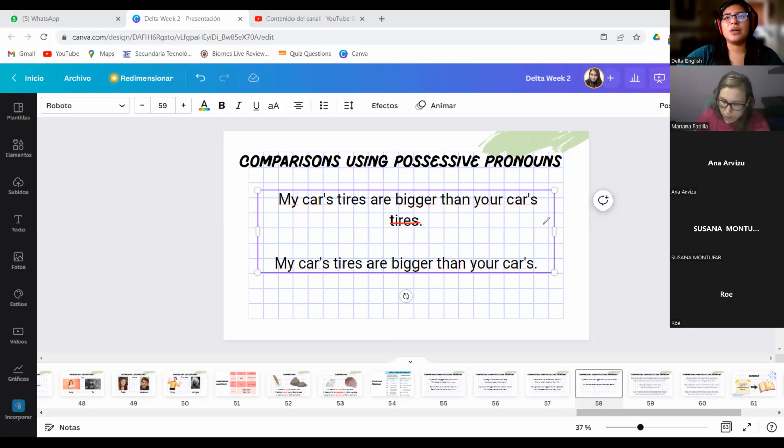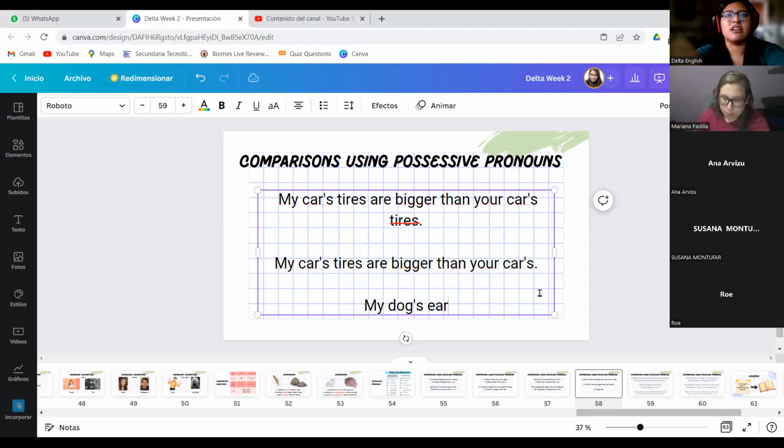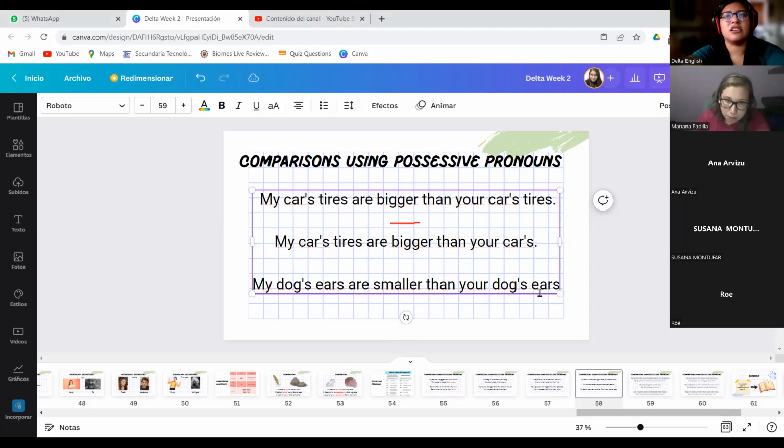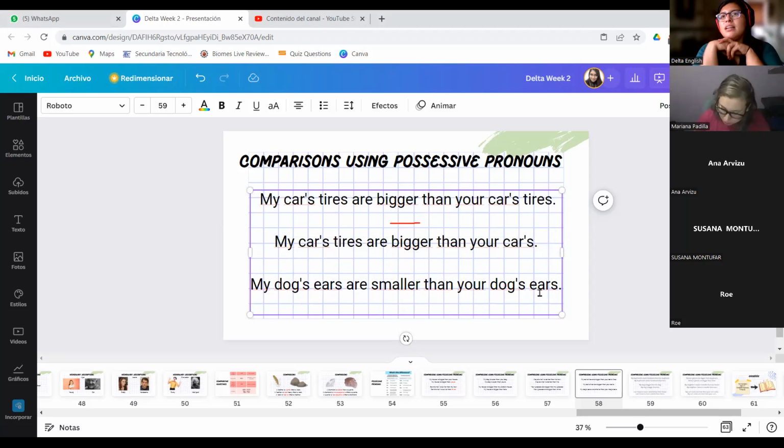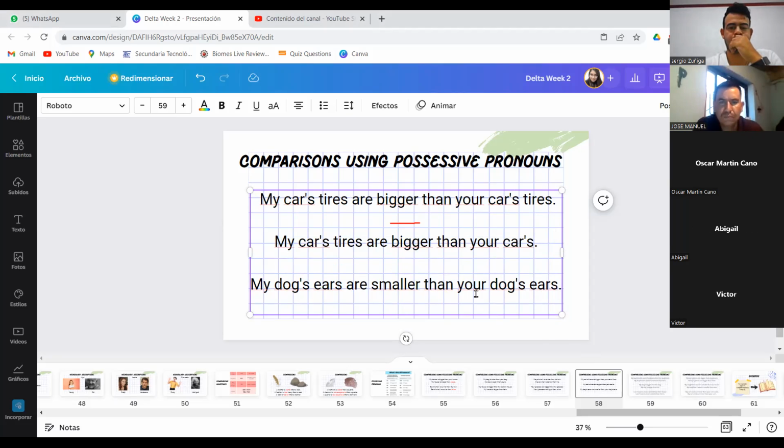I could also do this with a dog. My dog's ears are smaller than your dog's ears. Let's see. José Manuel, ¿aquí cómo nos quedaría?